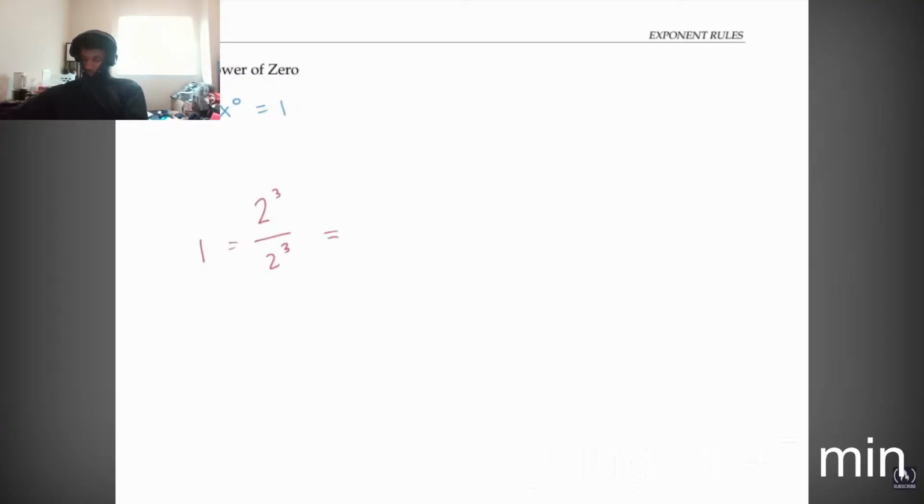But using the quotient rule, we know that this is the same thing as 2 to the 3 minus 3, because when we divide two things with the same base, we get to subtract their exponents. Therefore, this is the same thing as 2 to the 0.